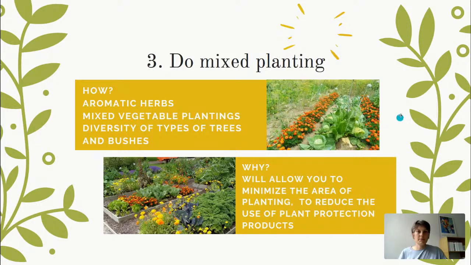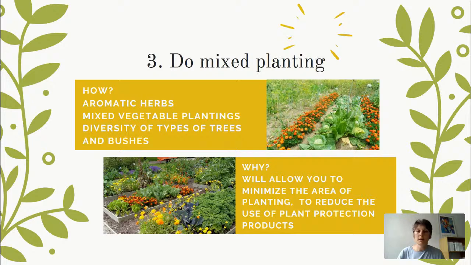Do mixed planting. It means that all the plants you have in your garden, you need to mix them somehow. It could be aromatic herbs and vegetables mixed with each other, and a diversity of trees and bushes in the garden. Why do we do it? Because most pests find their plants by smell.